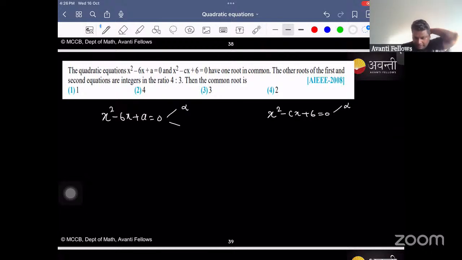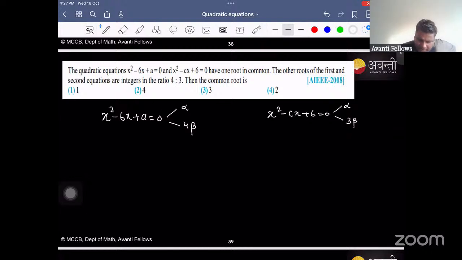Now see, the other roots of the first and second equation are in the ratio of 4 is to 3. I assume this root is 4 beta, then this root will be 3 beta. So one common root I took as alpha, and uncommon roots, one as 4 beta, other as 3 beta, so that their ratio is 4 is to 3.